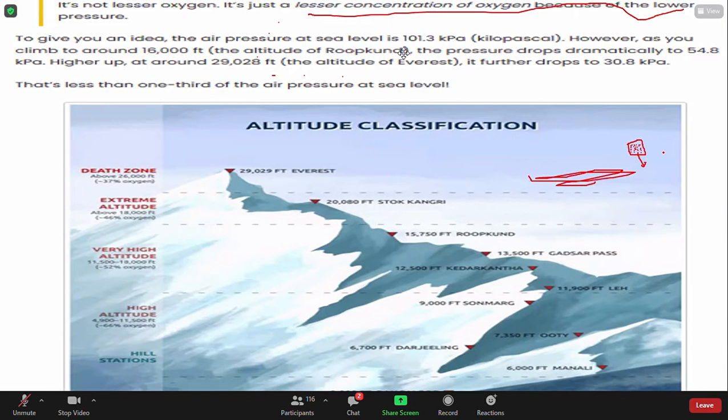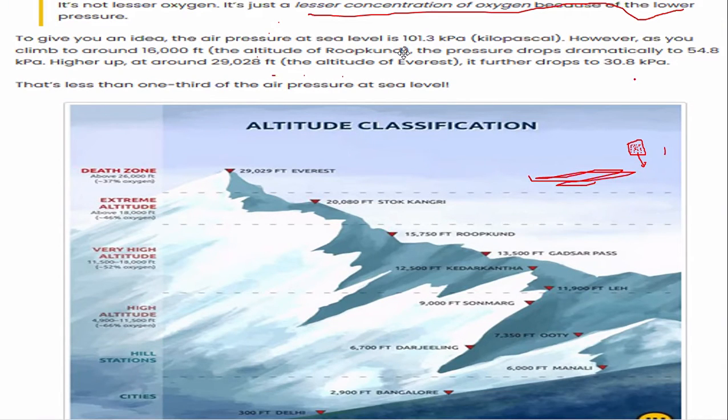Now the problem as you ascend: you want to breathe the same volume, but the oxygen molecules are few, because there's less pressure up there, so they tend to be apart. You can still inhale, but the problem is the lesser oxygen concentration.